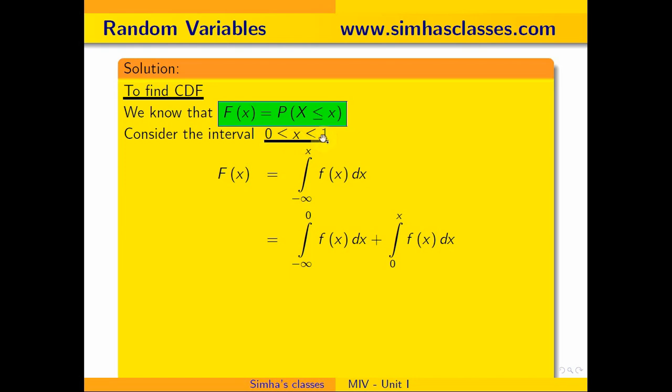Here the function value is 0, and up to x, the function is x by 2. Integrate this and substitute the limit. I replace x by the upper limit, so I will get x square by 4, and the lower limit is 0. So this is the cumulative distribution function in the interval 0 to 1.